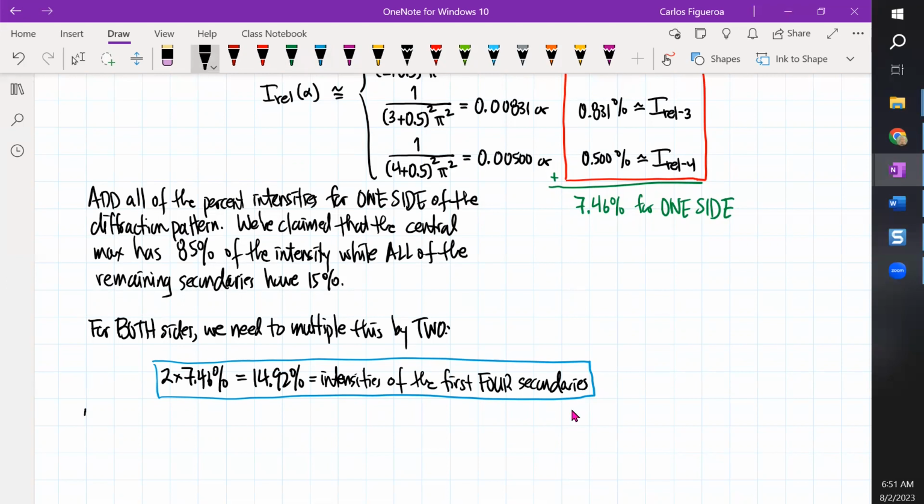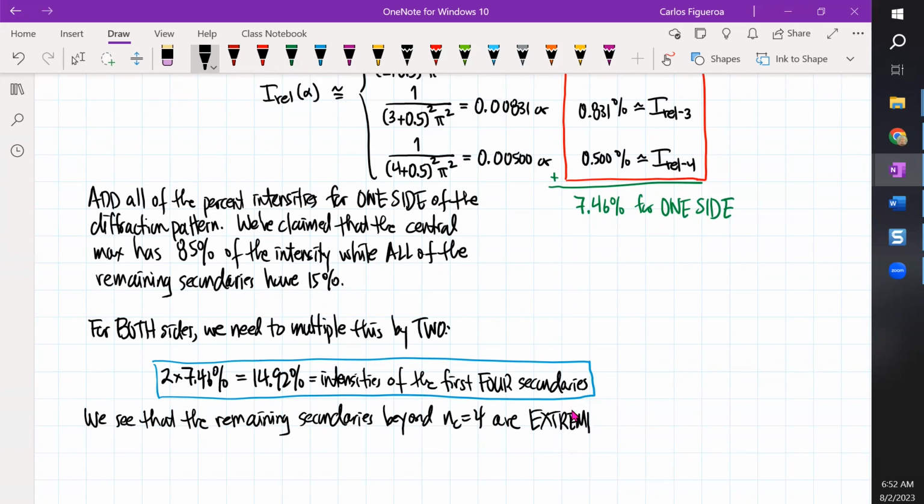So from this, we see that the remaining secondaries beyond n equal to 4 are extremely dim. All of them, all the way up to n equals infinity, I guess, or to the end of the diffraction pattern, will then get 0.08%.